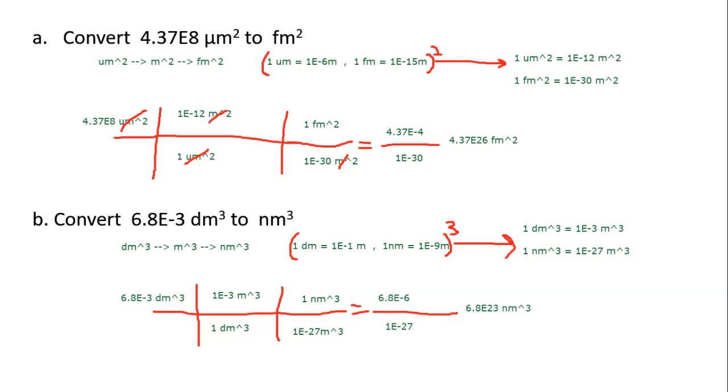No, wait, that's not right. Let me undo that. Made a boo-boo. Let's see. 6.8 e to the 21st nanometers cubed. Yep. And this makes sense because we're going from, again, a large metric prefix to a smaller metric prefix, so our exponent should increase. And since we're cubing it, it would increase quite a bit.